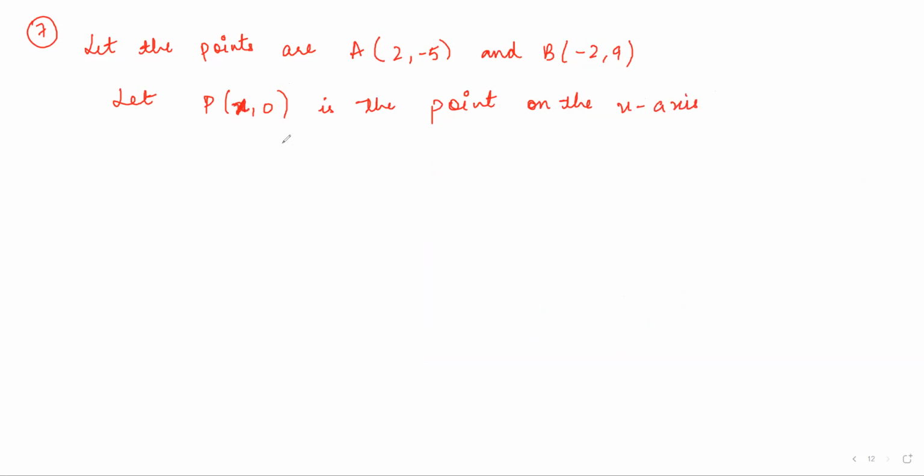But we know that this point is equidistant from A and B. So that means distance PA is equal to distance PB according to the question. Clear? Read the line again. Find the point on the x-axis which is equidistant from A and B. Got it?